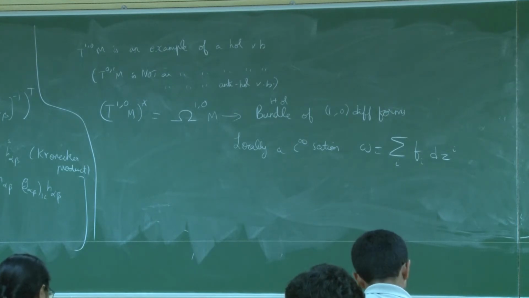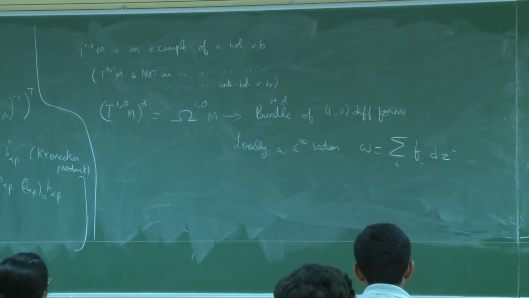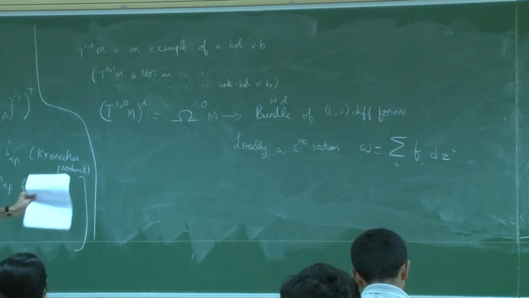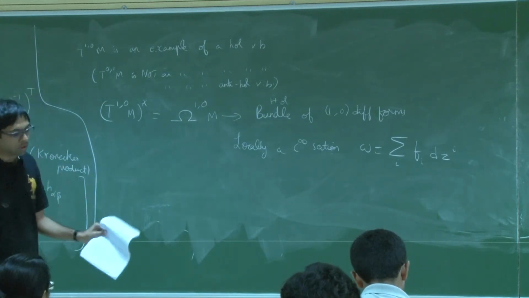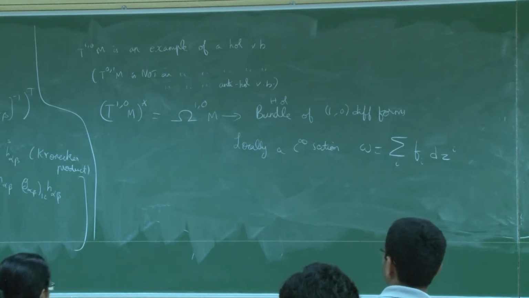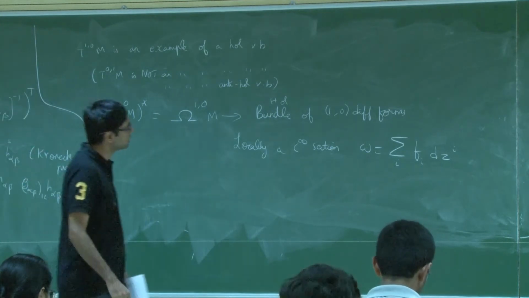A differential form on a manifold is simply locally a differential form in Rn which transforms correctly under change of coordinates. So that's the slogan. On manifolds, whatever you do in Rn or Cn can be done, except when you change coordinates, it should transform correctly. That's the way physicists look at these things.